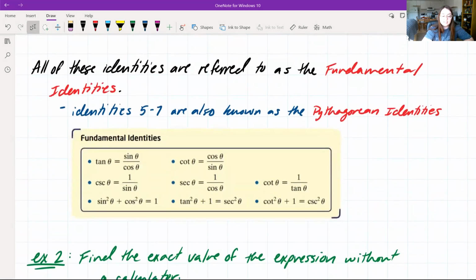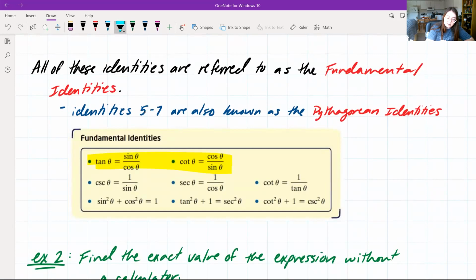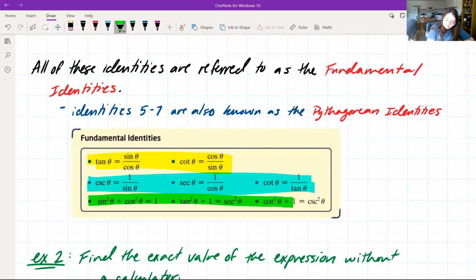So all of these identities are referred to as the fundamental identities. Identities 5 through 7 are also known as the Pythagorean identities, but we don't refer to them as that as often. So our fundamental identities that we're concerned with are going to be our quotient identities, our reciprocal identities, and these are technically our Pythagorean identities.